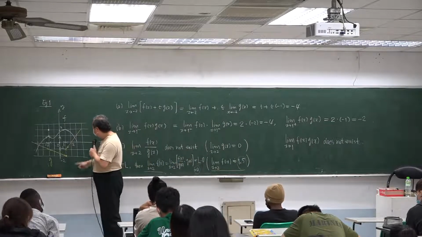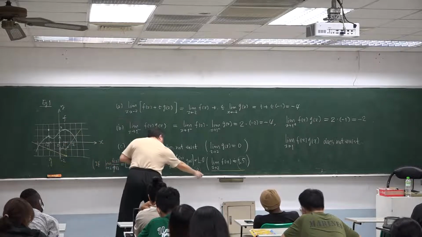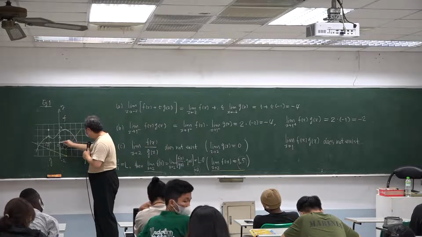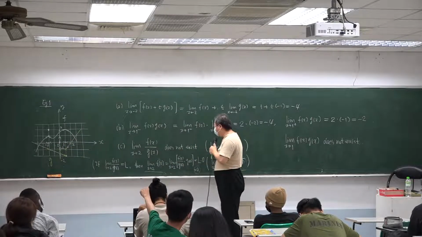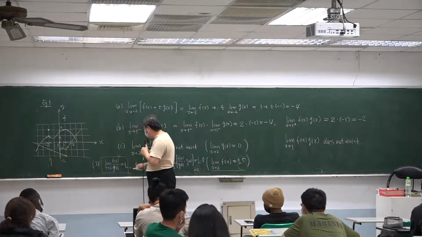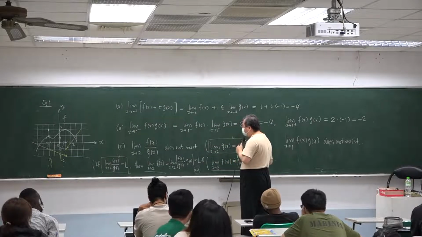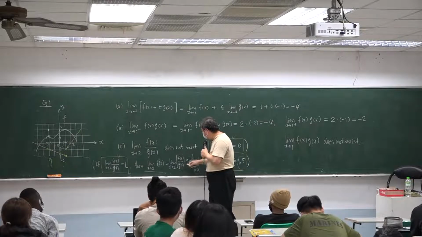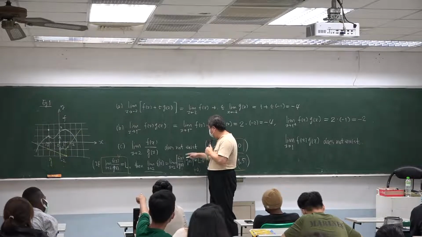By inspection, g, when x approaches 2, see? 0. So we already have this one, and we already have this one. So by limit law, the limit of the product equals the limit of this one times the limit of this one.